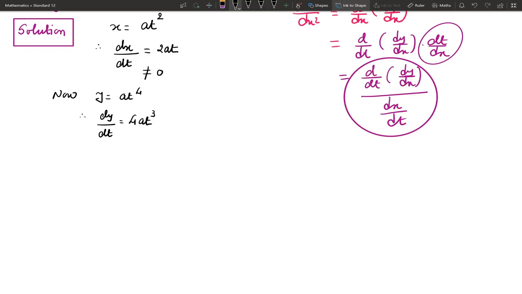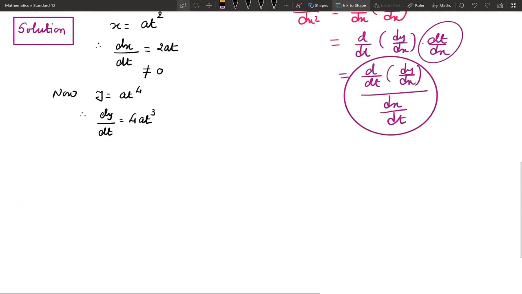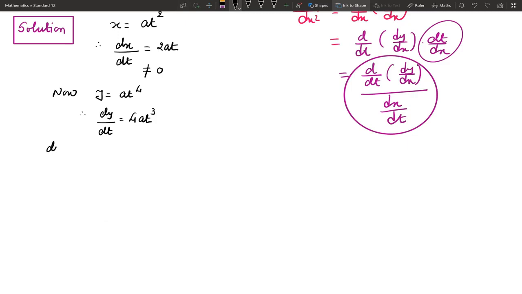So using derivatives of parametric equation, dy by dx is given by dy by dt upon dx by dt.